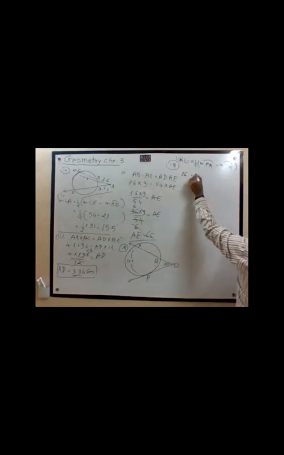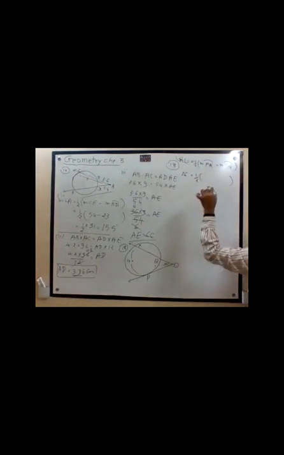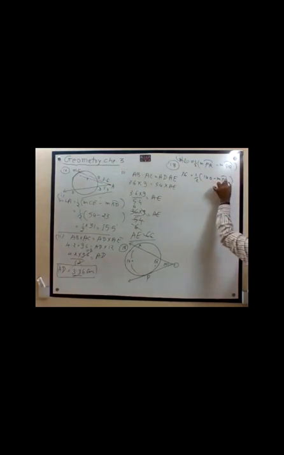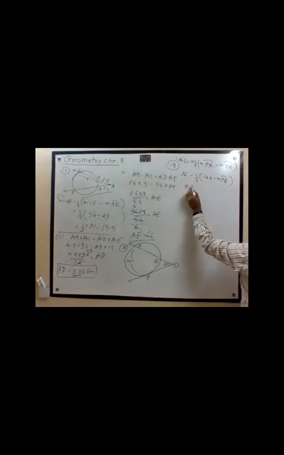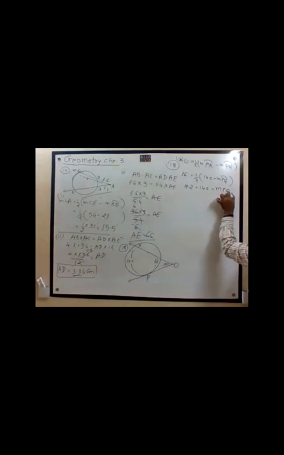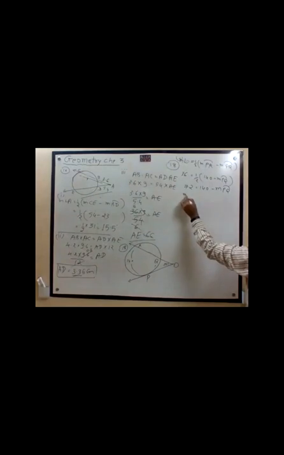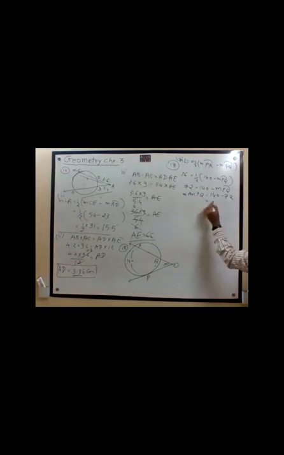Measure of angle O: half of 140 minus arc PQ. 36 doubled is 72, equal to 140 minus arc PQ. This side the plus arc PQ, so 140 minus 72. 70 from 140, 2 less, so 68 degrees.